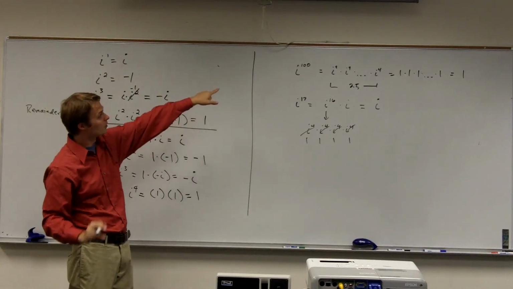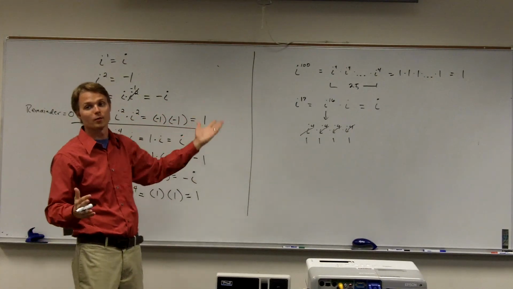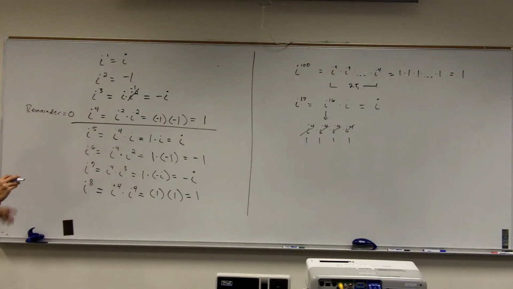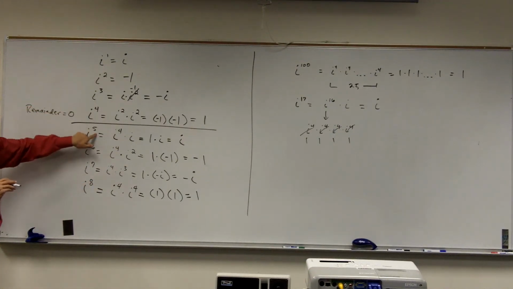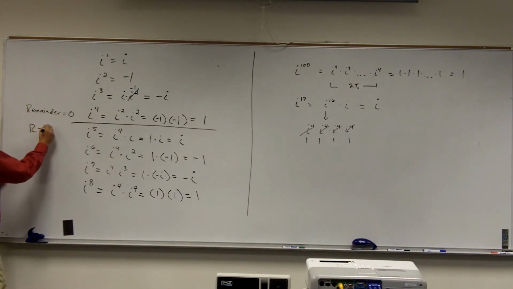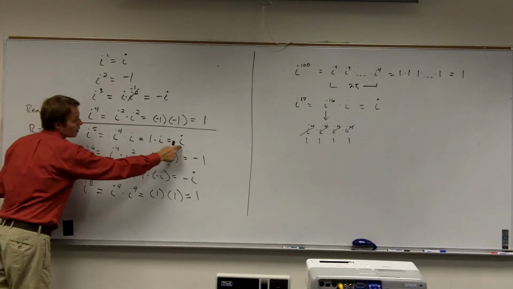The same thing here: we took 100, and if we divide it by 4, we get 25 with a remainder of 0. Here, maybe it'd be best to go down here. 5 divided by 4 has a remainder of 1, so anytime you take that exponent divided by 4 and get a remainder of 1, it'll always be I.